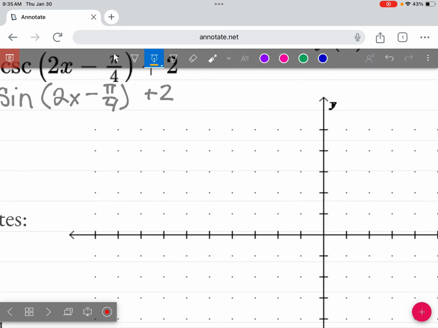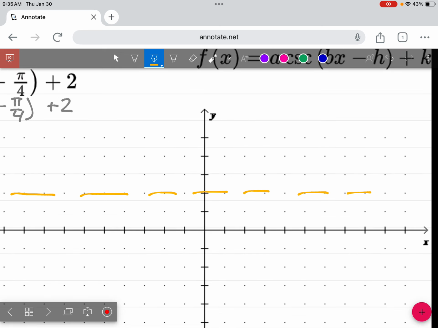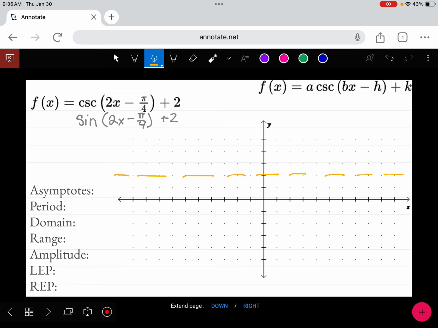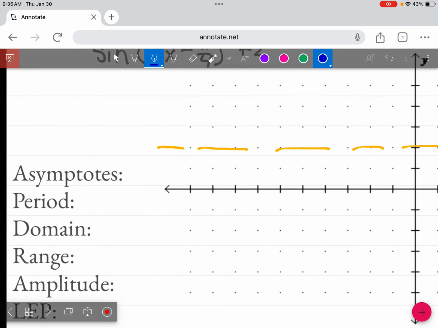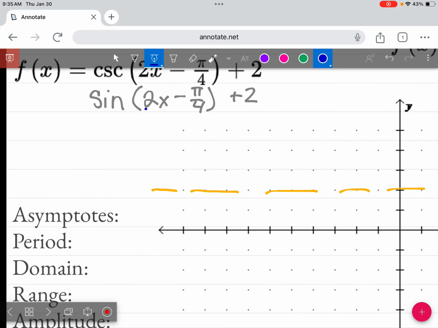So the center of our sine is going to be based here. What's our period length going to be for this one? Yes, because we take our 2 pi and we divide it by our b. So the period length is going to be pi.